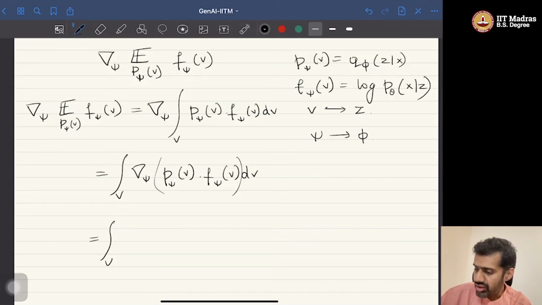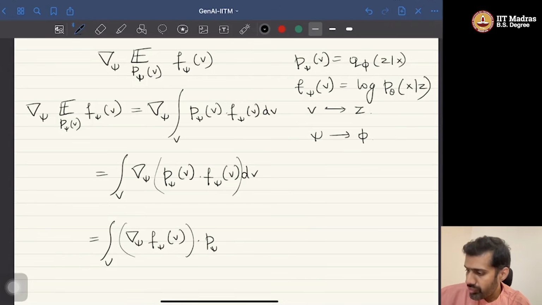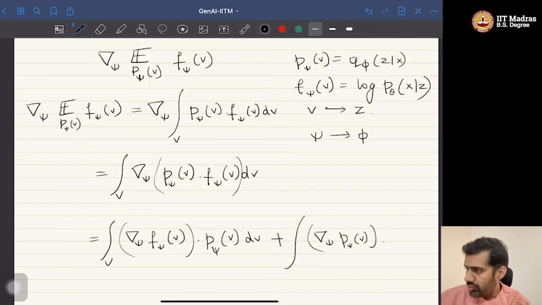The product rule tells us that this is the gradient of the first function times the second function, which is p psi of v, dv, plus, since the integral is again linear and I can split it, the gradient of the second function, which is this, times f psi of v dv.